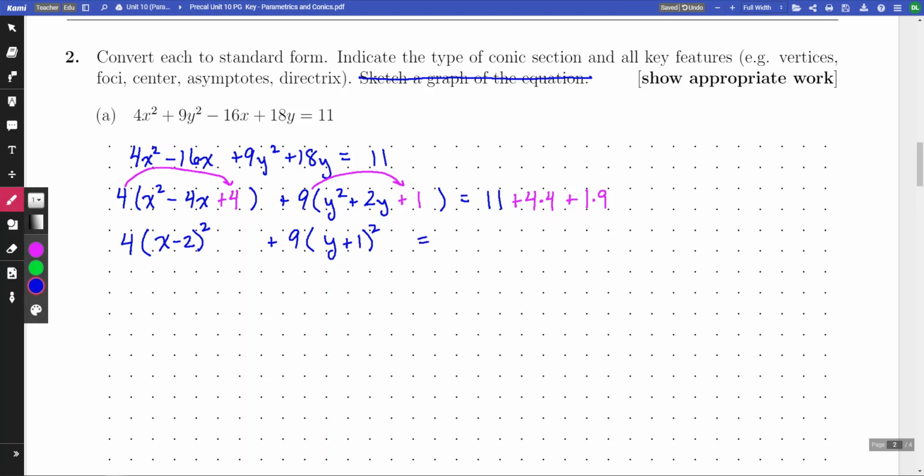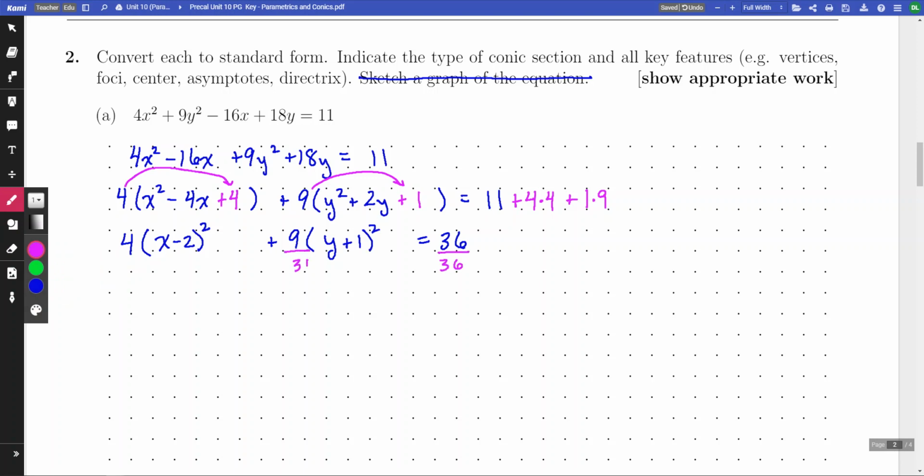So then I have 11 plus 16 plus 9, and that's going to give me 36. And note that 4 times 9 is 36. So if I'm going to get to standard form, I need to divide every term by 36.